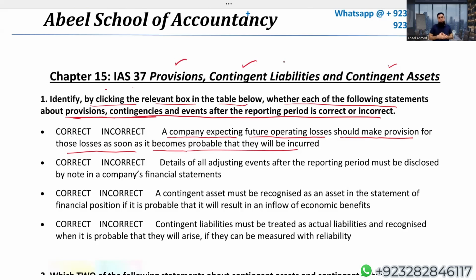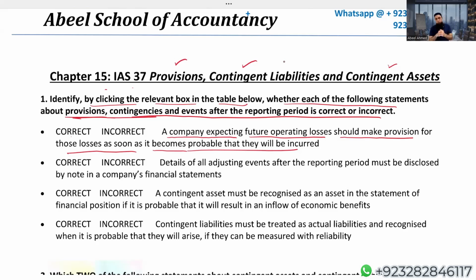Future operating losses means that assuming we are running ABC company, something went wrong in the entire economy, and we know that in the future when we will be running ABC company, we'll be facing losses. We are not going to get the same demand which we were getting earlier. So obviously the operational cost will be higher. The revenue which we'll be generating is going to be very low. So we'll bear the losses. That is future operating losses.